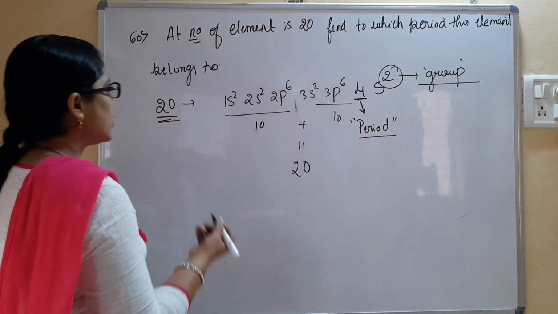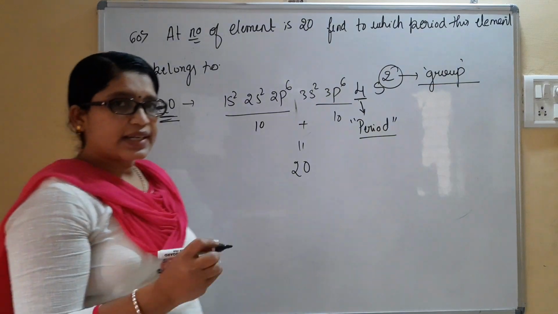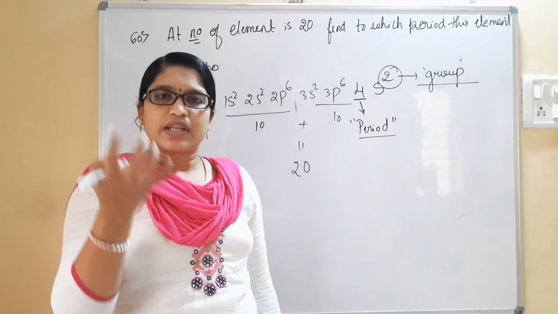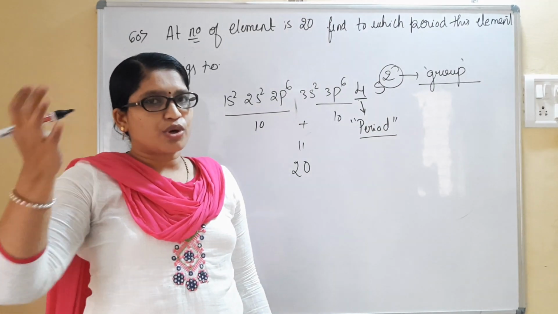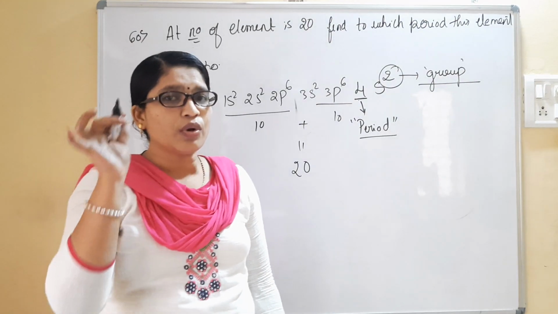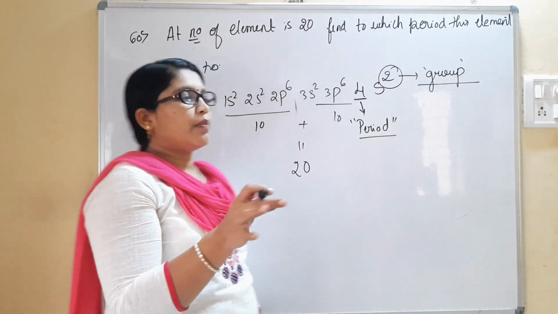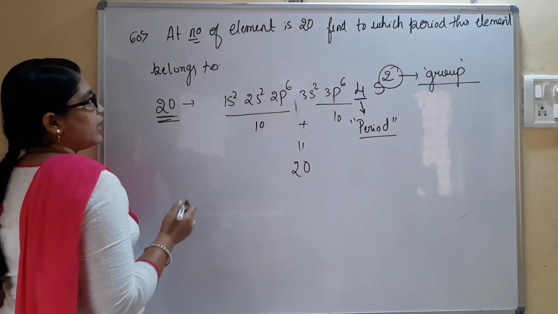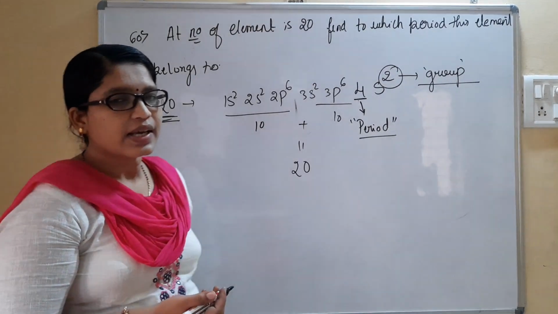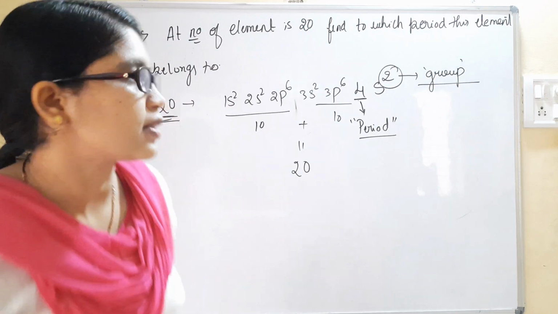So obviously, up to 30 you have to remember, like hydrogen, helium, lithium, beryllium, boron, carbon, nitrogen, oxygen, fluorine, neon. When you come to atomic number 20, definitely it is the element calcium. You have to remember like this.